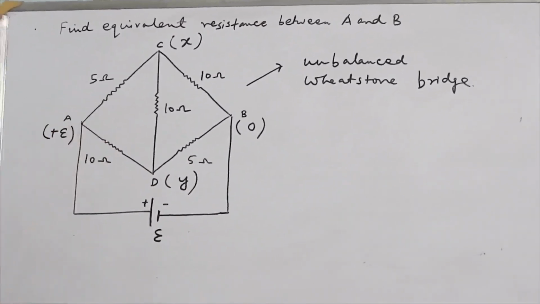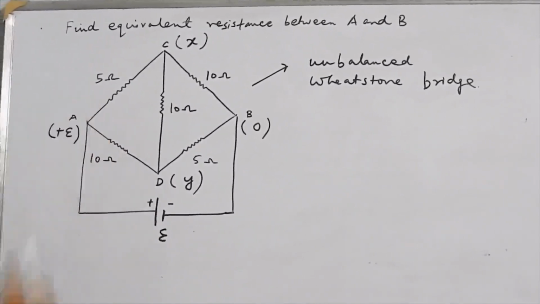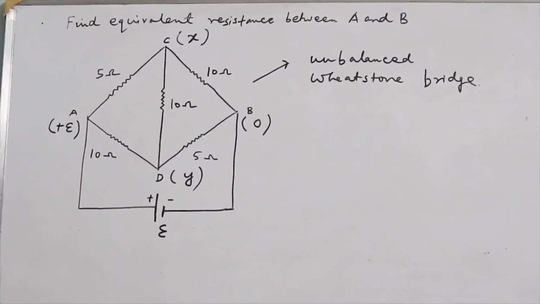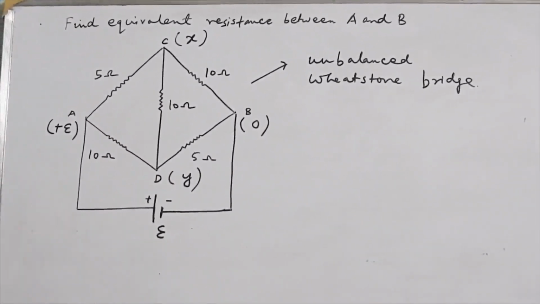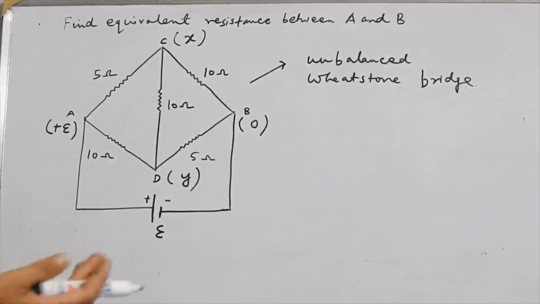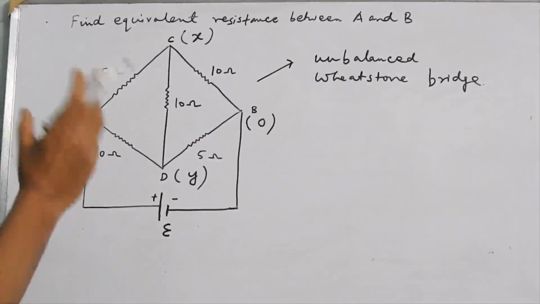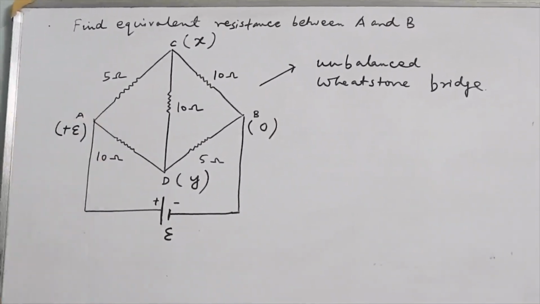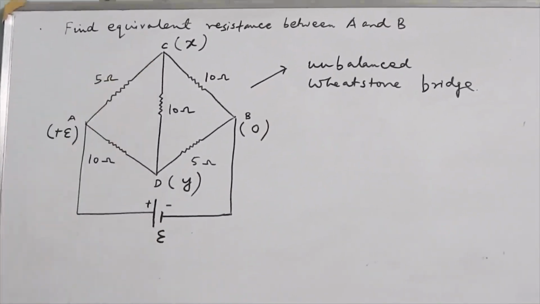In Kirchhoff's law, we used the concept of current flow, and then we calculated the potential differences across various resistances, the battery EMF, and we applied KVL and KCL to solve such problems. But it is a slightly modified version of Kirchhoff's law, and it becomes easier to negotiate such problems. That's why we are using the concept of potential differences.